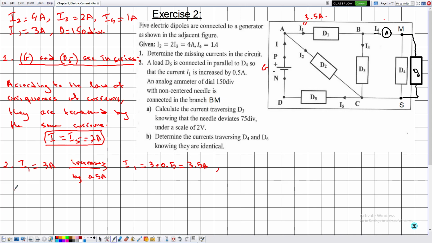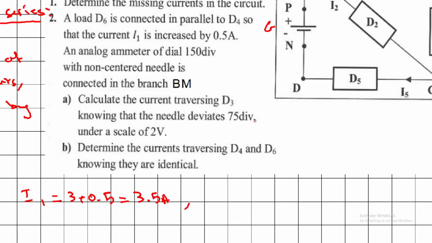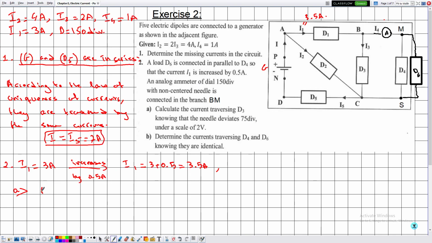Now in part A, calculate the current traversing D3, knowing that the needle deviates 75 divisions. So small d is equal to 75 divisions under a scale of, this is wrong, it must be 2 amperes. And we have that the scale S is equal to 2 amperes.